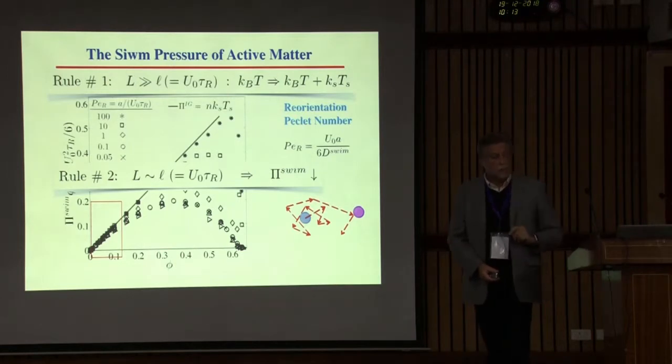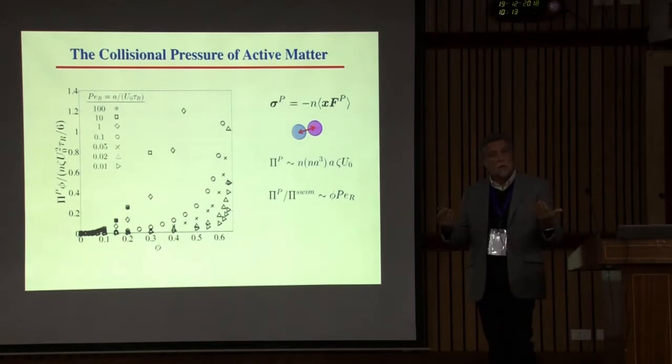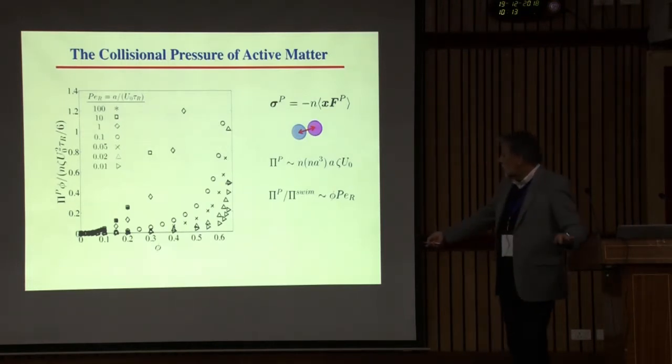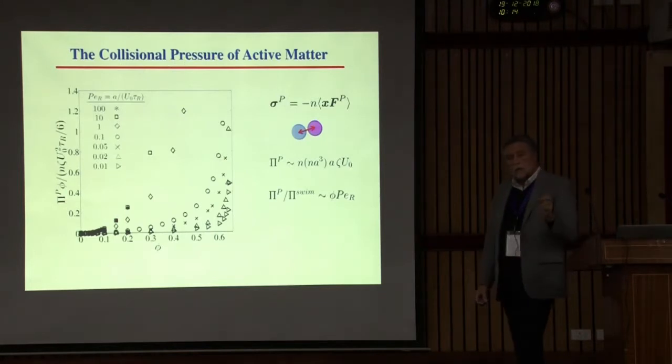There's also the usual pressure you have, a collisional pressure between particles, the kind that we're most often used to thinking about. This shows you this collisional pressure appropriately normalized as a function of volume concentration. That's the formula for it, again from hard sphere collisions. The force is still proportional to the swim force, activity, zeta U_0, but importantly, there are 2 things important.